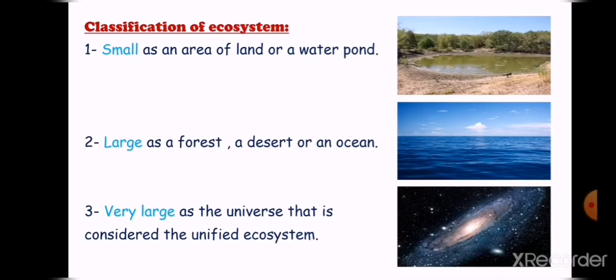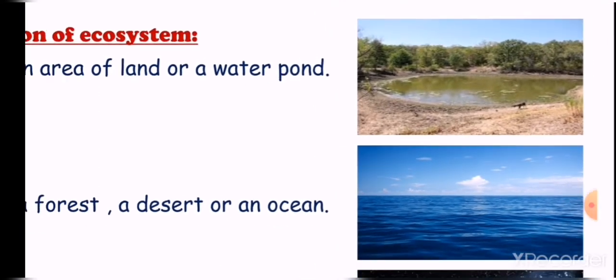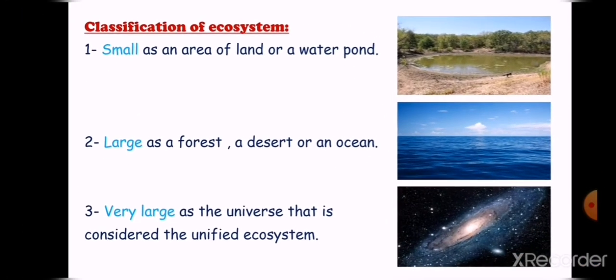So we can classify the ecosystem according to their sizes into 3 types. Number 1, small ecosystem like an area of land or water pond. Type number 2, large ecosystem like forest or desert or ocean.